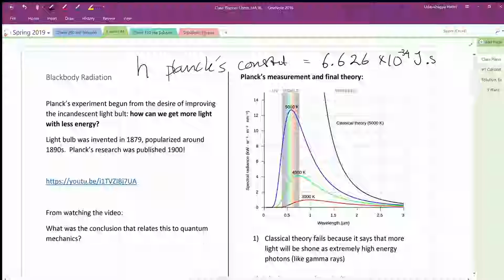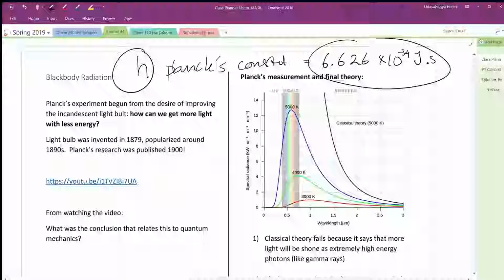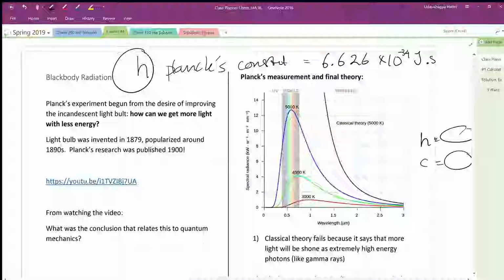You need to know what H is, and you should be able to know that. I'll give you a list of what they are, where you'll see H is equal to something, C is equal to something else, but you need to know what they are.